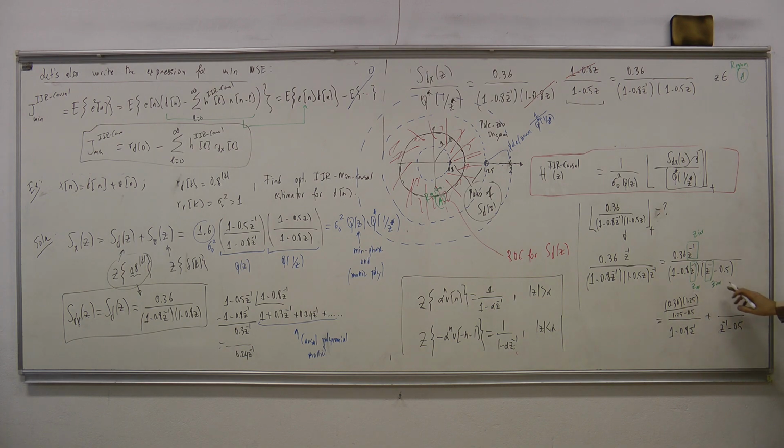So let's see. For this one, instead of Z inverse, if I write 0.5, then I get 0.36 times 0.5 divided by, I'm writing 0.5 over here, 0.4. I have something like this. So how can I simplify this? So this is 0.75.